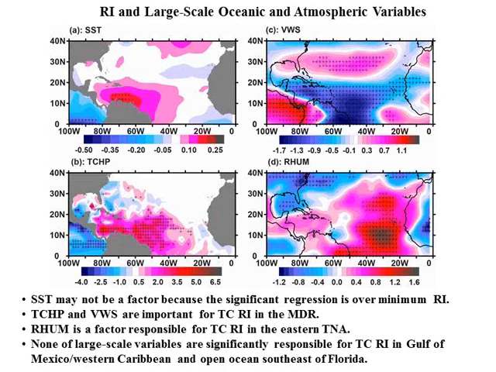From our calculation, for the Gulf of Mexico and the open ocean south of Florida, none of this large scale ocean atmosphere variability is important, which means TC rapid intensification in the Gulf of Mexico and this region is due to small scale ocean and atmosphere change. The large scale does not play a role for this region and this region. This is our suggestion. Okay.